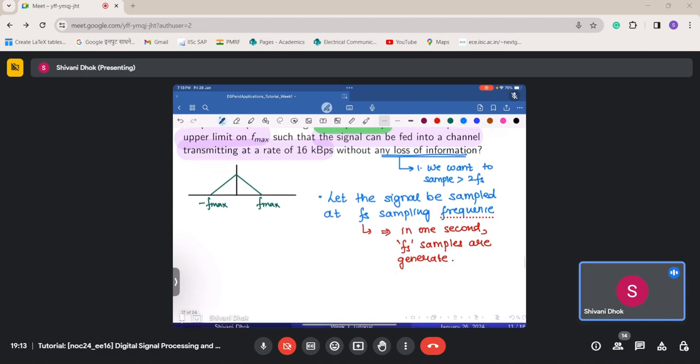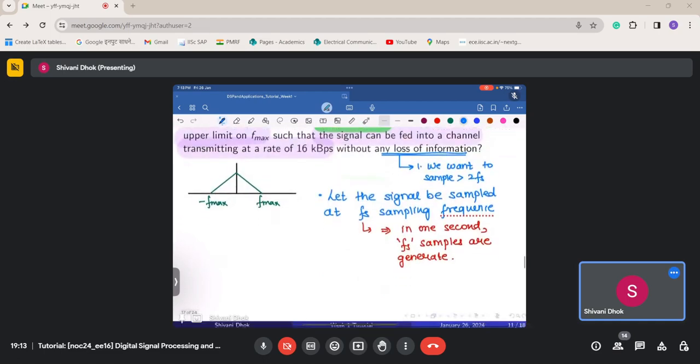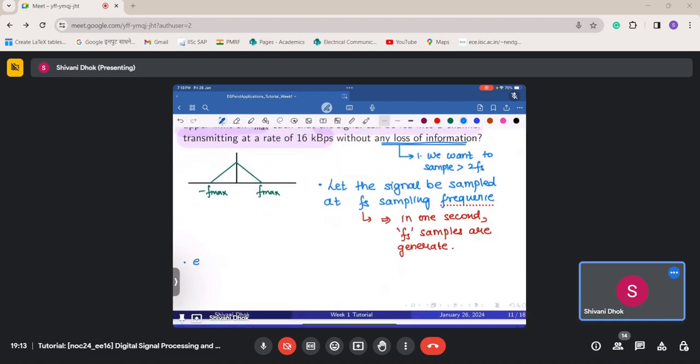And another piece of information that we have is it is quantized to get 4 bits per sample. Madam, here capital B is bytes, no, madam?